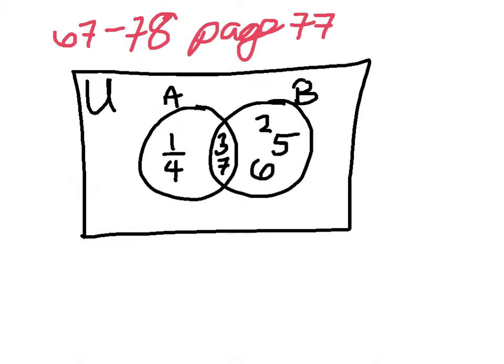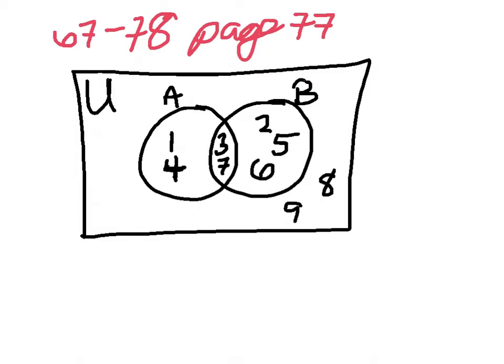So our universal set contains these numbers plus 8 and 9, which are not in the sets. So the universal set is the digits 1 through, excuse me, 1 through 9, and those digits are listed in various sets that we can see here.